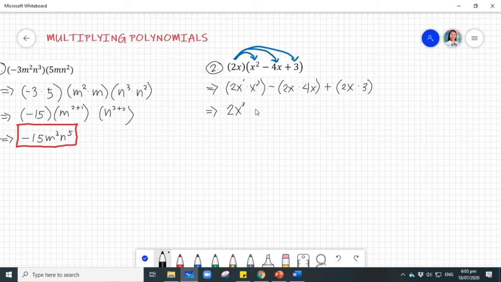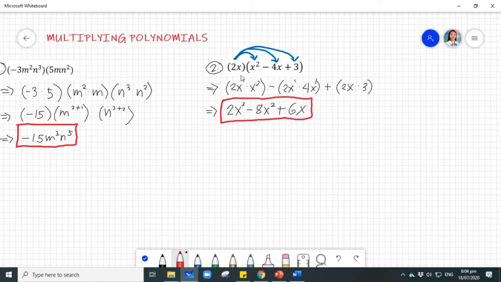So it will become x cubed minus 2 times 4, that is 8x squared, because you're going to add the imaginary exponent of 1. Then lastly, 2 times 3, that is 6. Copy x. And that is now the answer for multiplying monomial times trinomial.